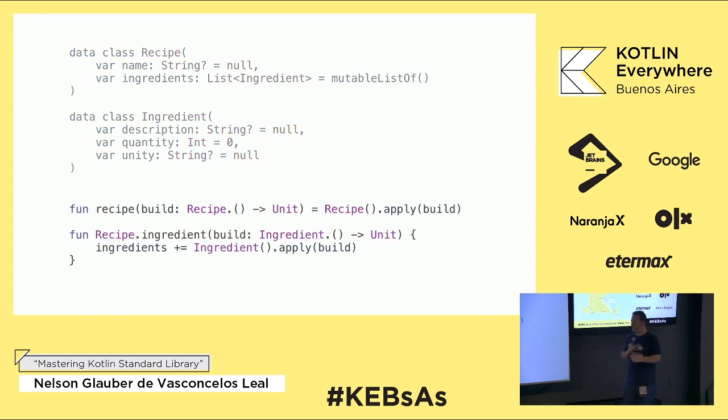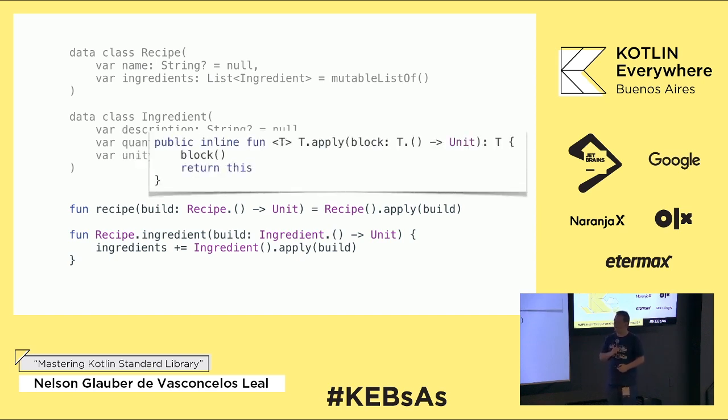So I create two functions to declare my DSL. The recipe, which receives a Recipe dot. This syntax is weird, right? But remember one of my first slides? Apply. Look at the syntax here. The name of this syntax is extension lambda.